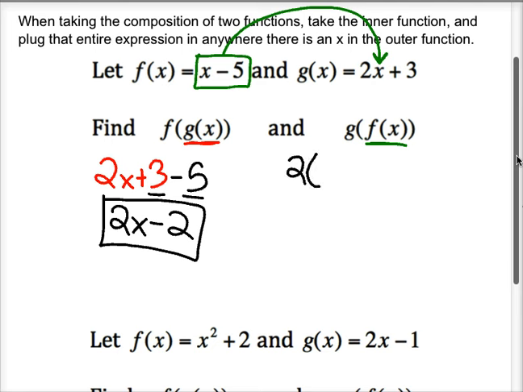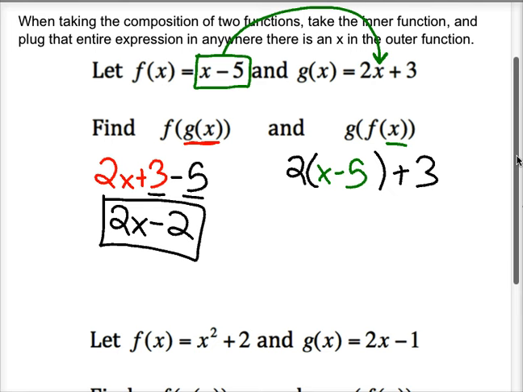So I'm taking f and I'm plugging it in. Oh, I'm sorry. I'm plugging f into g, where the x was. So again, taking that whole inner function, plugging it into the outer function.